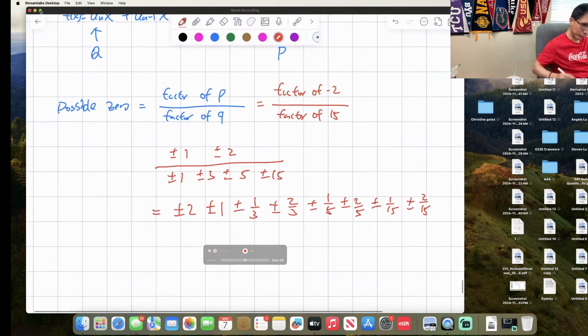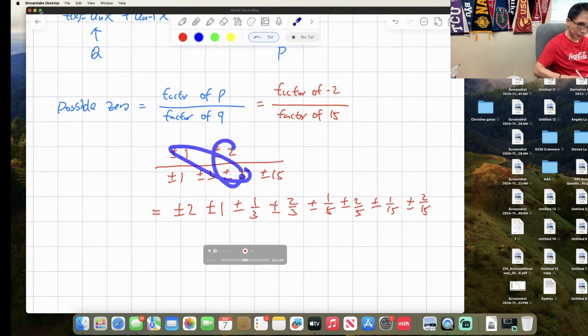So there are a lot of possible combinations here. On the test, you just have to list those possible zeros. What I did is put this combination, and this combination, and this combination, and this one, and so on.